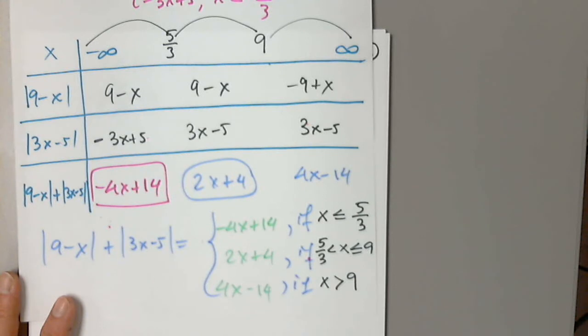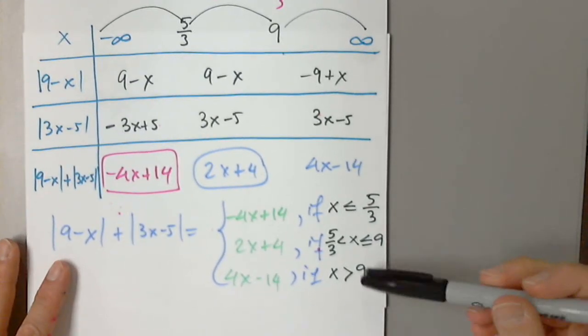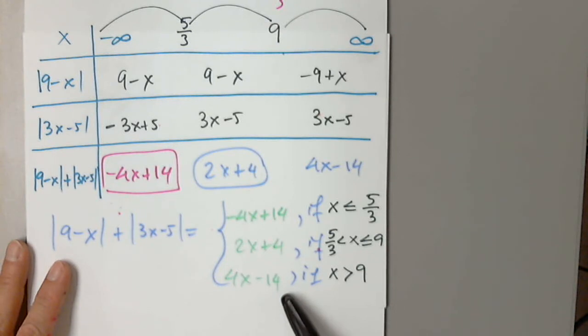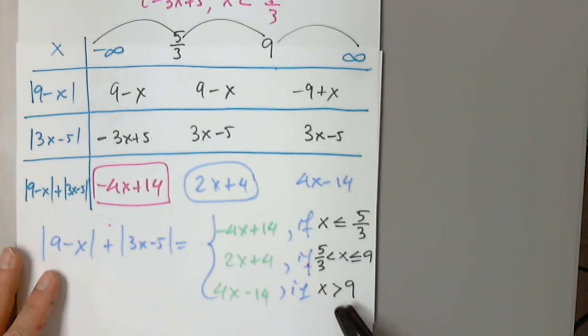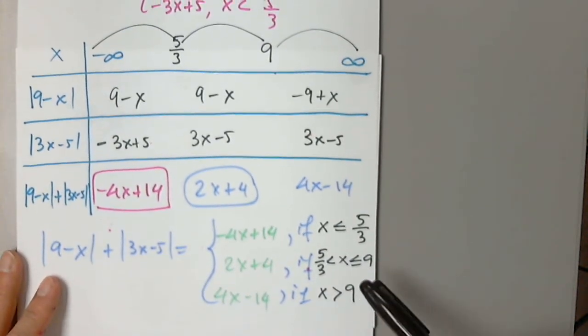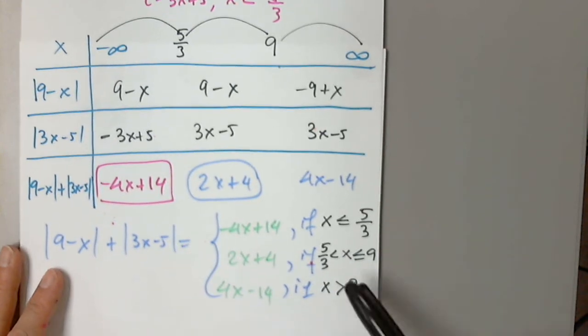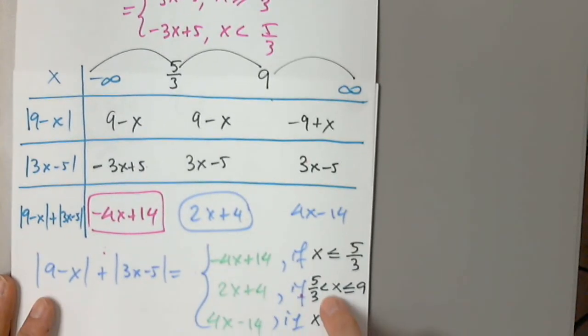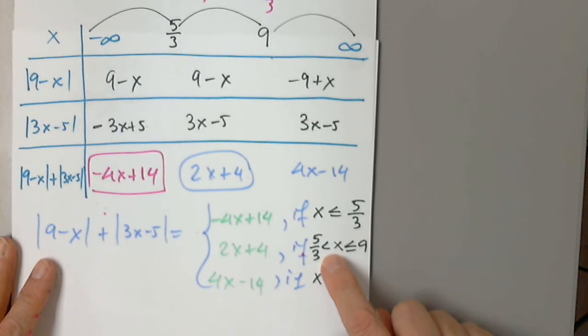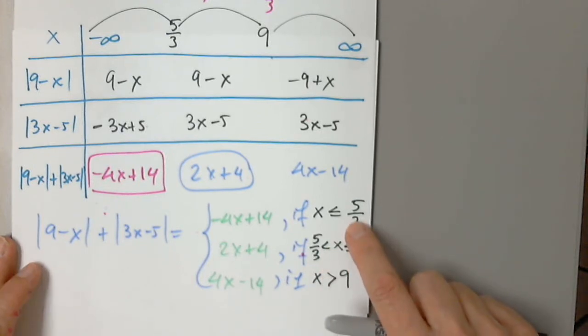In the last answer, minus 4x plus 14, you said x is less than or equal to 5/3. How do you know it is less than or equal?